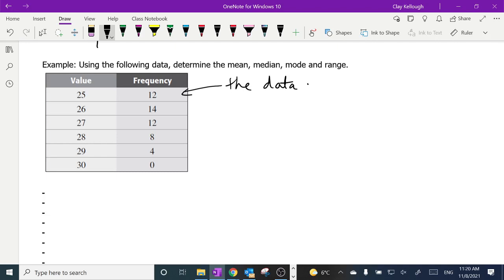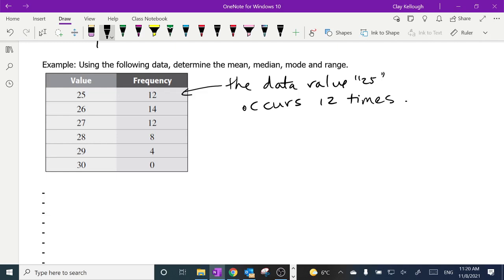So the data value 25 occurs 12 times. And then by the same token, the number 26 happens 14 times, the number 27 happens 12 times, etc., etc. Okay, so what do we do with this data?